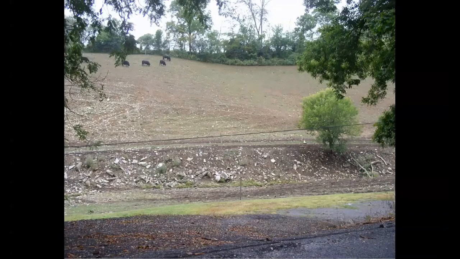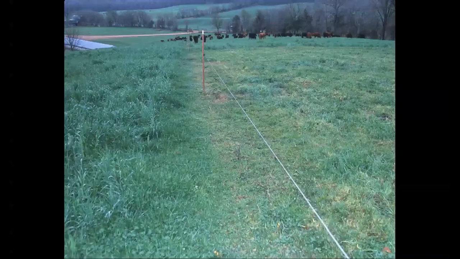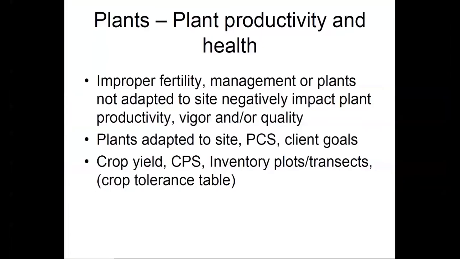Back to the same pasture, and different pasture. As you can tell, one set of this pasture has been rotated out. And one of the things that you could be looking at here is plant productivity and health. You're looking for fertility, management, plants adapted to the site, plants that negatively impact your productivity or vigor.